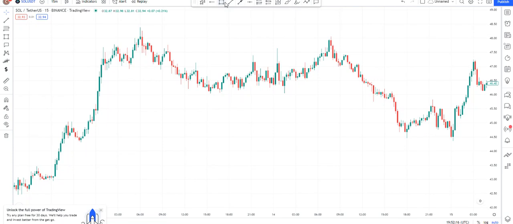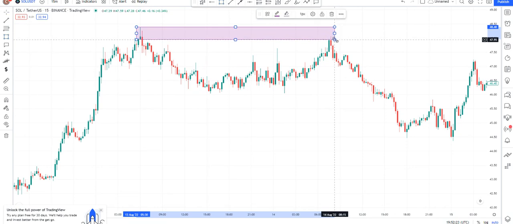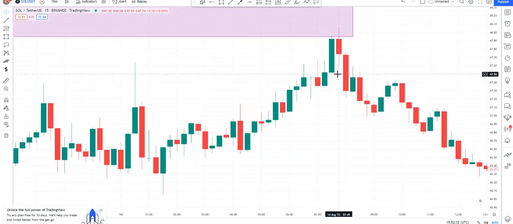So this is our order block up here. Abi, we agree that this is our bearish order block, right? Yes. So you can see that there are two candles pushing higher into that zone. Right before we pushed higher into that zone, there is this bearish candle that is forming there.